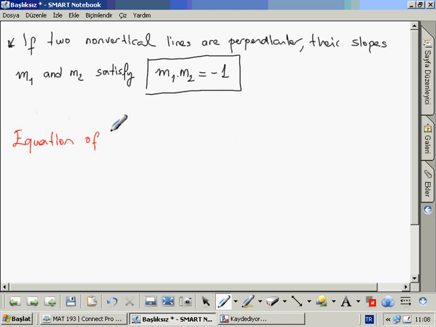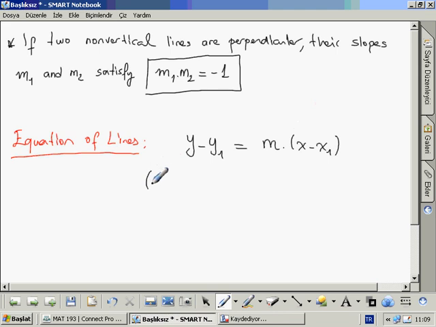Equation of lines. If we know the slope of any straight line and one point of it, P (x1, y1), we can write an equation of the straight line, and it will be y minus y1 equals the slope times (x minus x1).